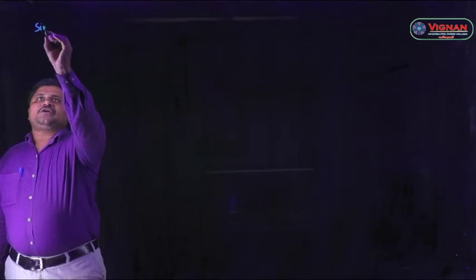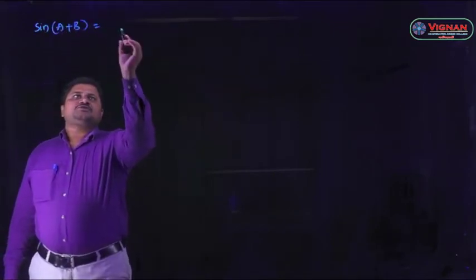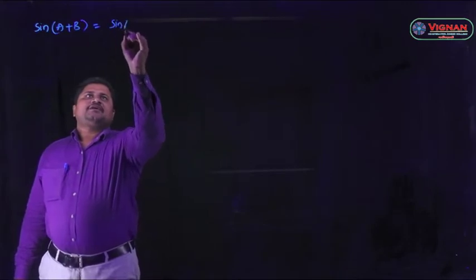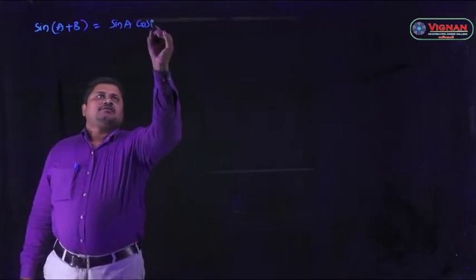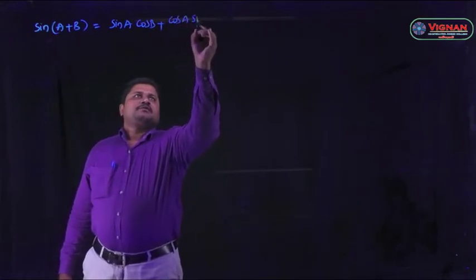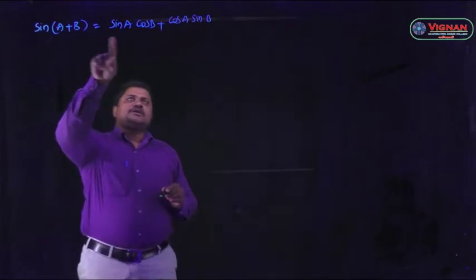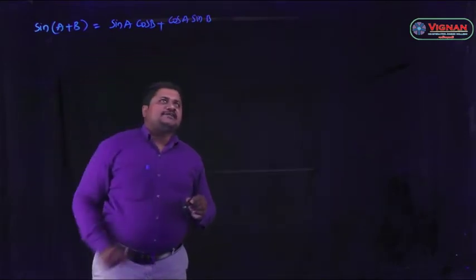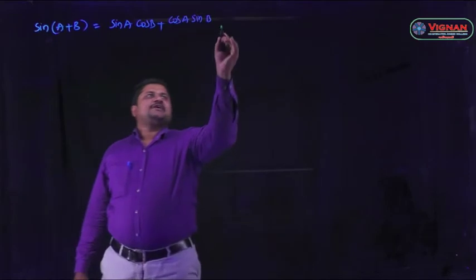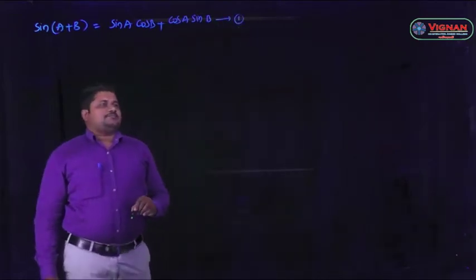Sine of a plus b is equal to sin a cos b plus cos a sin b. This can be treated as equation 1, formula 1.